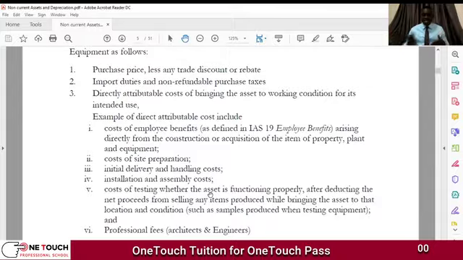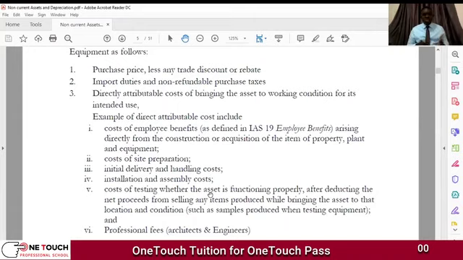The initial delivery and handling costs constitute a directly attributable cost. Then we talk about installation and assembly costs. The cost incurred in installing that plant should be considered as part of the cost of the asset.